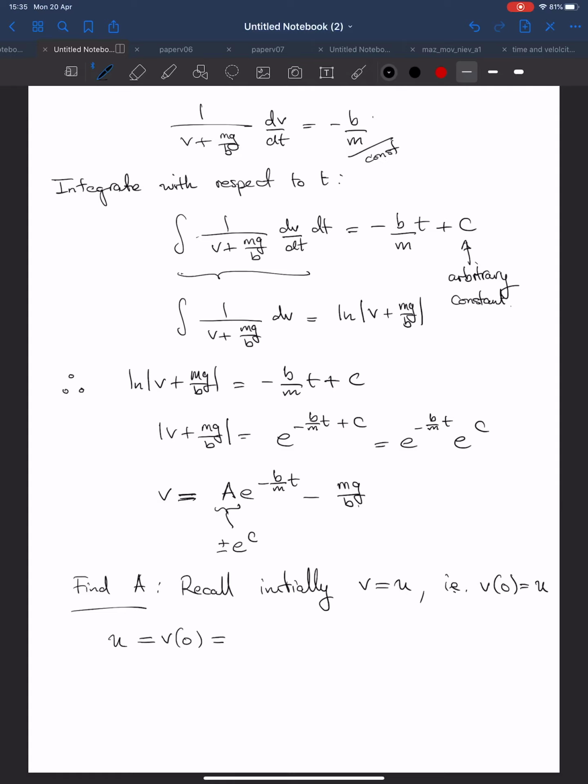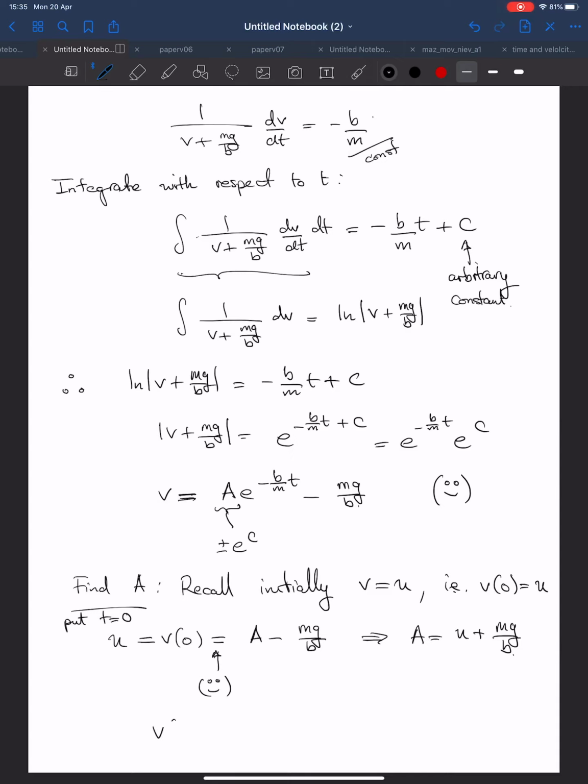But then, due to our formula here, I have the following. I have clearly a times e with the exponent 0 because I've subbed t equals 0 in. I have this minus this. Okay, so we can rearrange this to find that a is u plus mg over b.